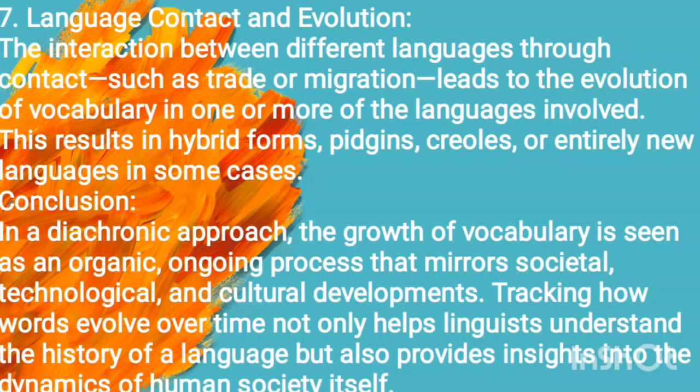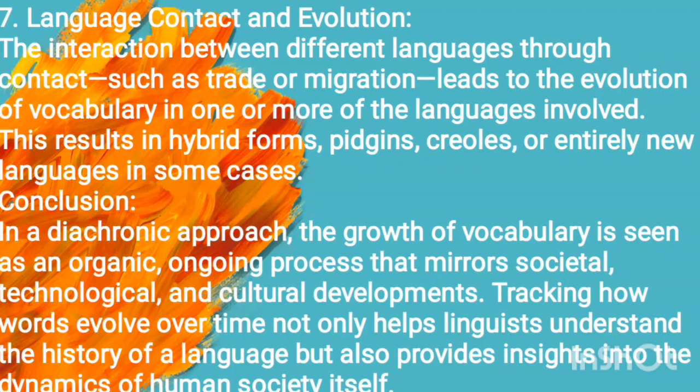Next one is language contact and evolution. Language evolves when they come into contact with each other. This happens through migration. People bring their native languages to new regions. Then trade and globalization, where countries share words through business. Next, colonization. Colonizers influence native languages.